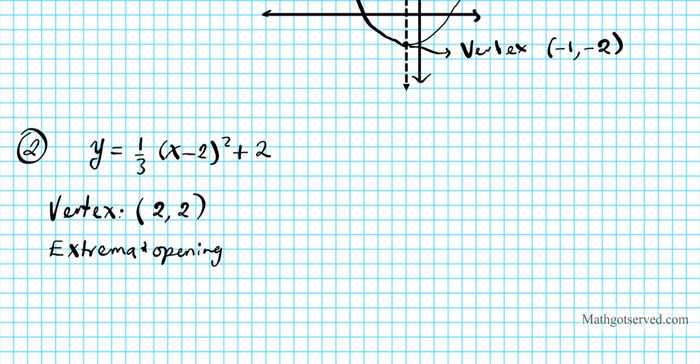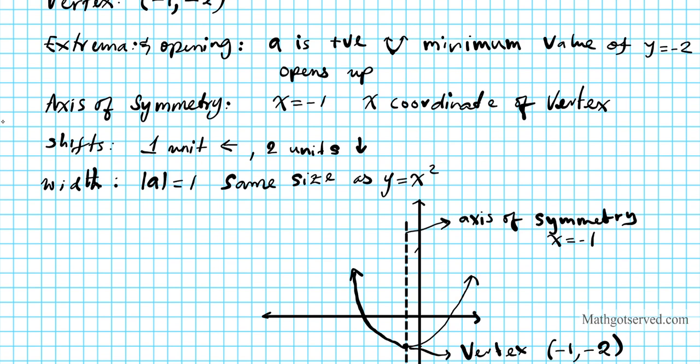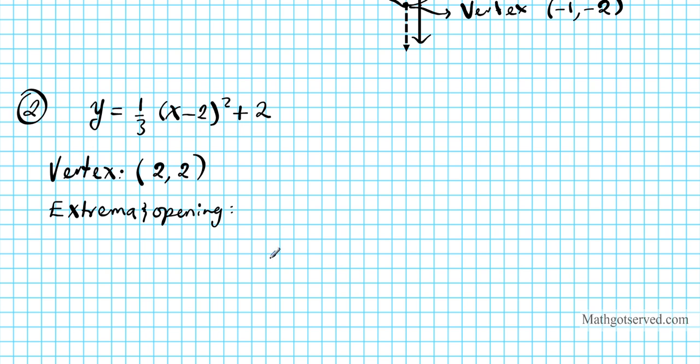Extrema and opening. If you take a look at this problem, a is what? a is positive. So what does that mean? It's a happy parabola. So the low point right here is going to be a minimum. It opens up.